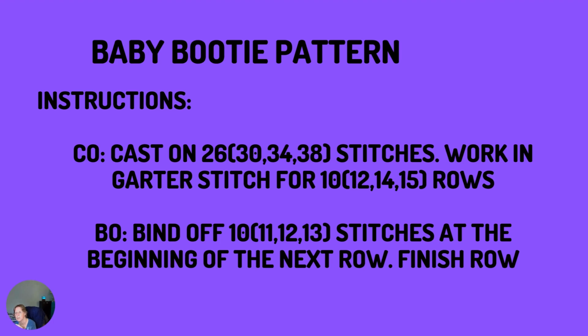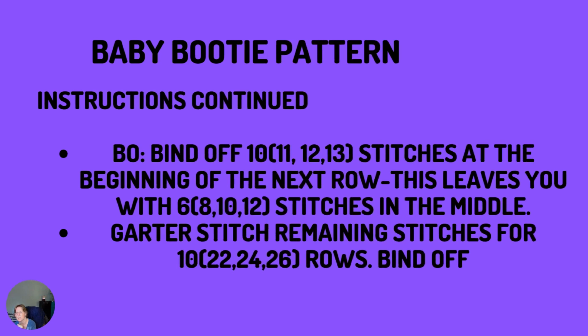So we're starting the bottom part of the top part of our T. And then the next step is on the next row, we're going to bind off 10, the newborn bootie stitches, at the beginning of the next row. So we're binding off, eliminating 10 stitches on the next row.